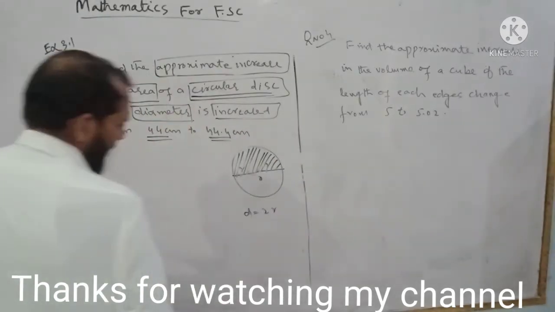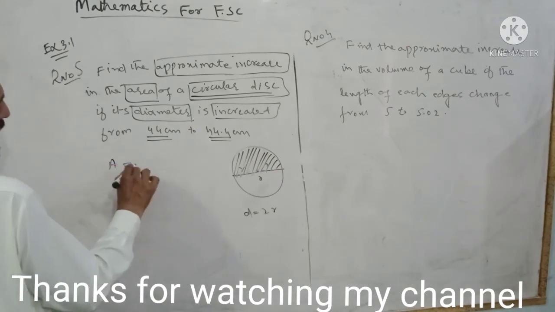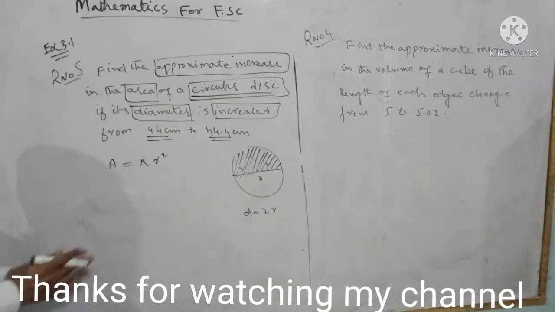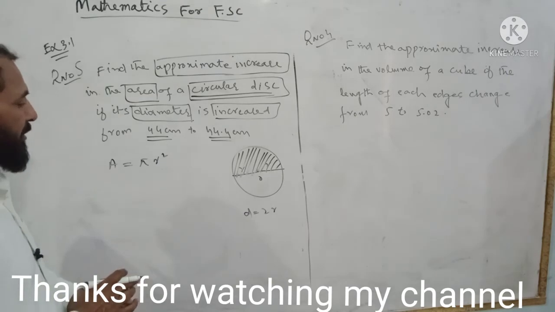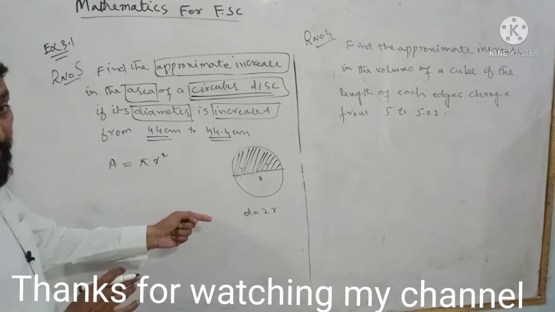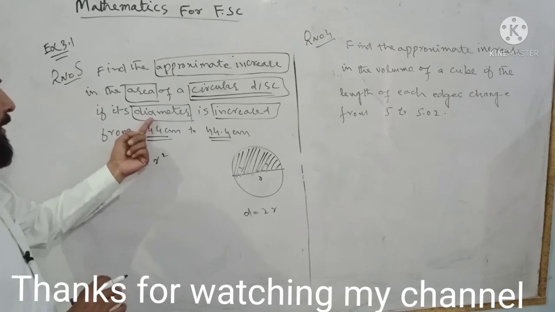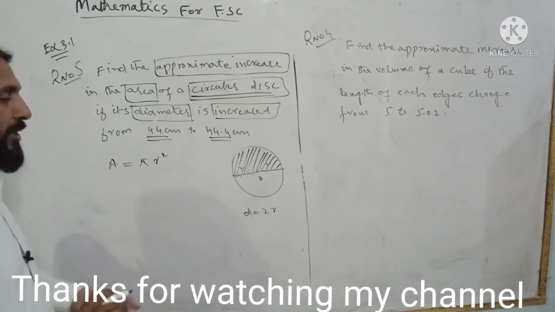Area of the disc is pi r square, where r is the radius. In the statement the diameter is increased from this to this.